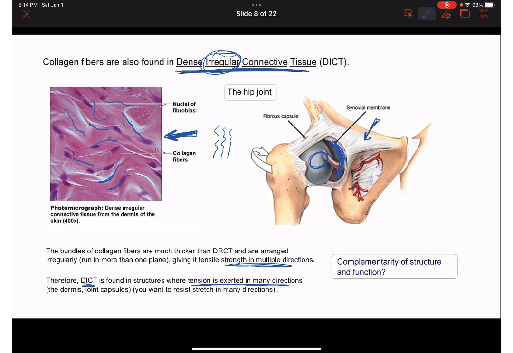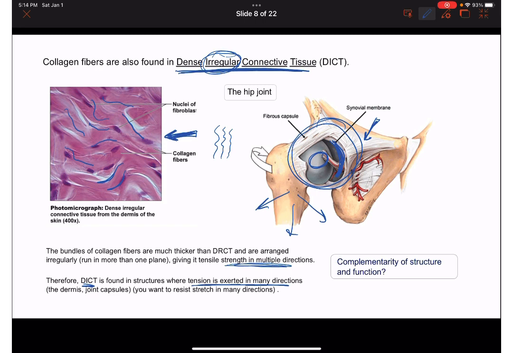And this is a synovial joint, which is surrounded by a joint capsule. And guess what? When you move this leg, this is a ball and socket joint, which means you can move this leg in multiple different directions. There's a lot of different motion you can have at this hip joint. And because of that, this joint capsule is going to be pulled in many different directions.